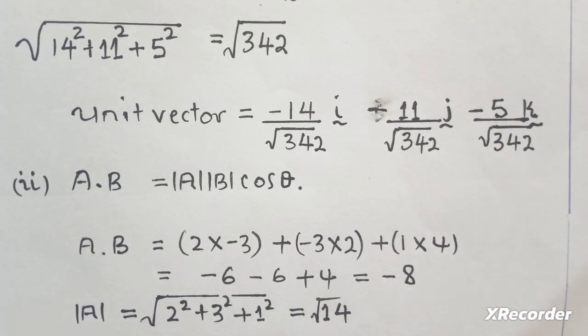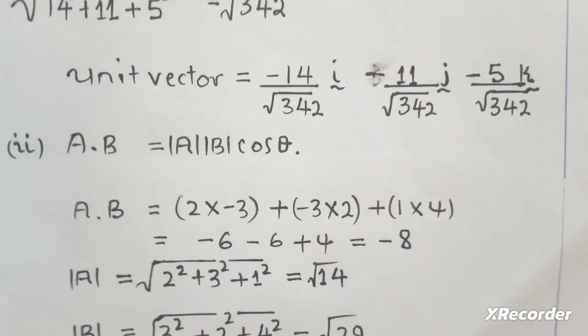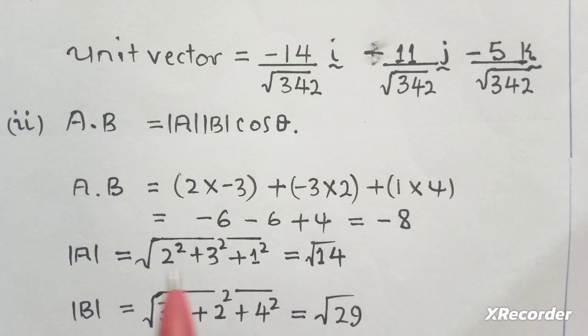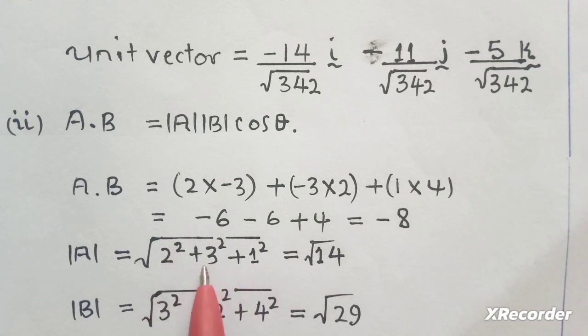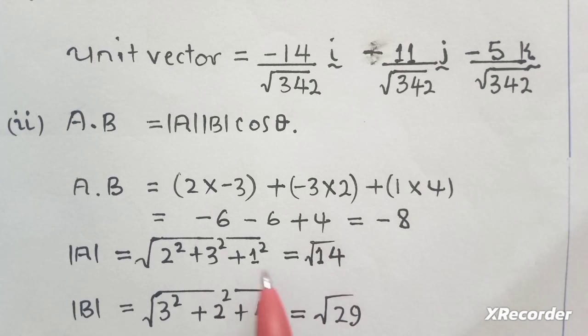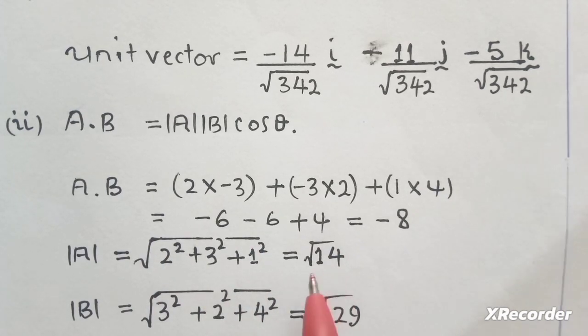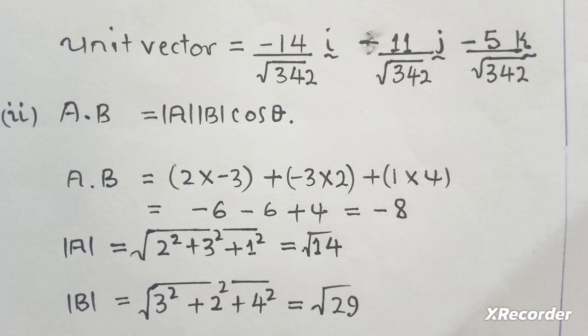The magnitude of A is square root of 14, because for A we square the coefficient of i, the coefficient of j, and the coefficient of k, without minding the sign, because once you square a number, even a negative, it becomes positive. Then you find the square root. And you get square root of 14 and square root of 29.